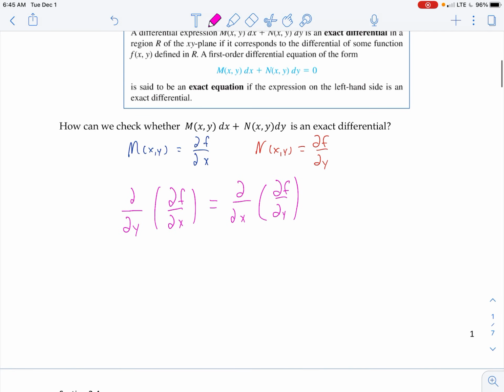So if these two equal each other, then they came from the same potential solution, or the same equation.